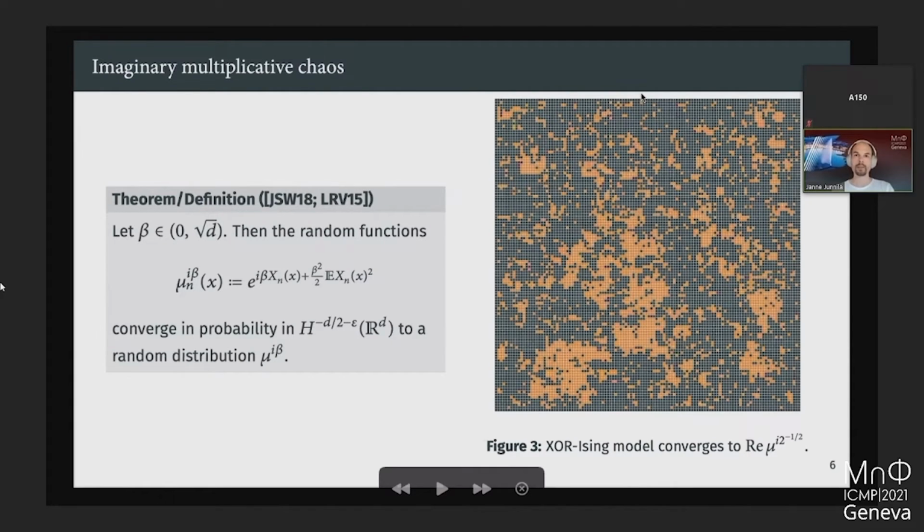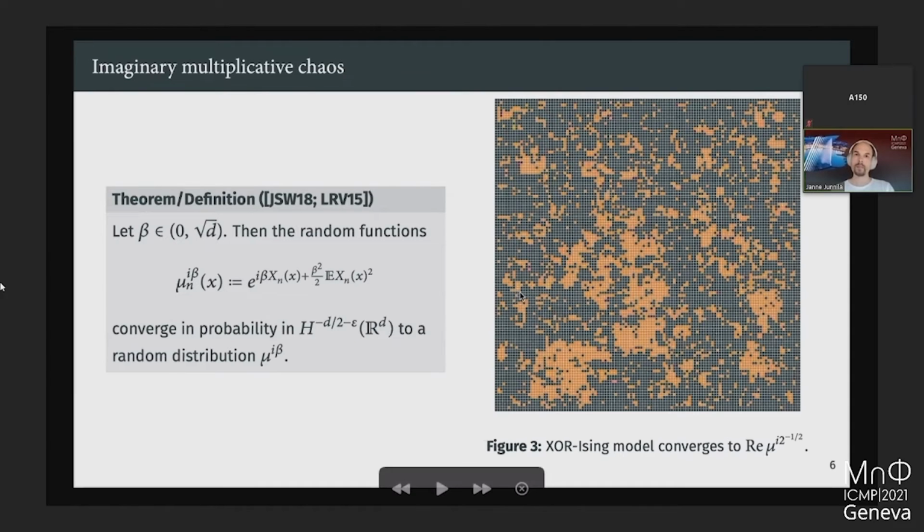Let me also very briefly mention that there's at least one natural model where this object appears, and this is the so-called XOR-Ising model, which is obtained by taking two independent Ising models at critical temperature. Here in this picture, they are both chosen with a zero boundary condition. And then let's say that the spins take values plus and minus 1 in each cell in this grid.